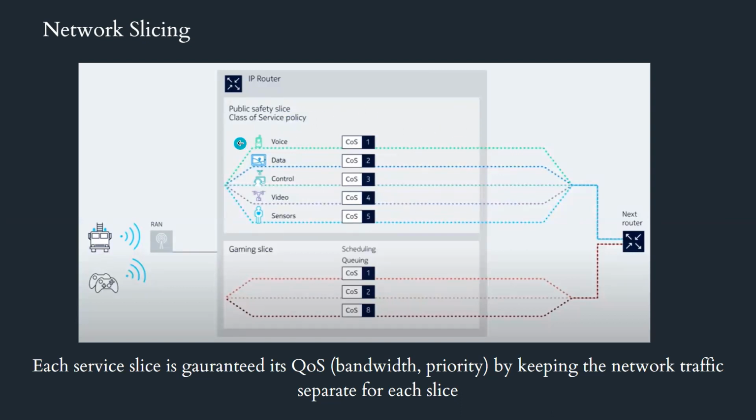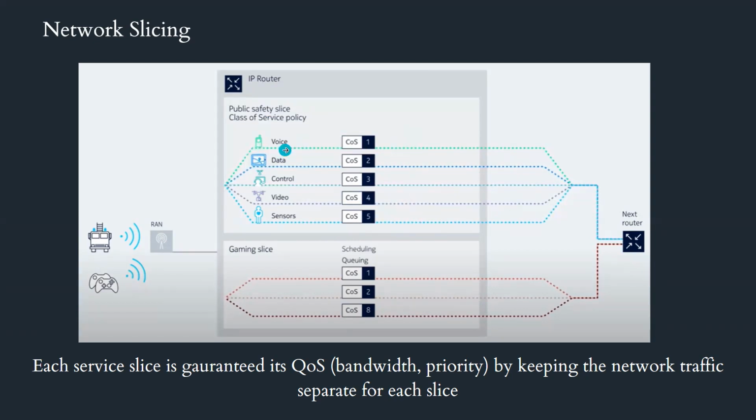In here, the slice has been defined to cater different services or different sub services required under public safety, and those services have their own different class of service levels, COS, and they will be considered when providing the service.